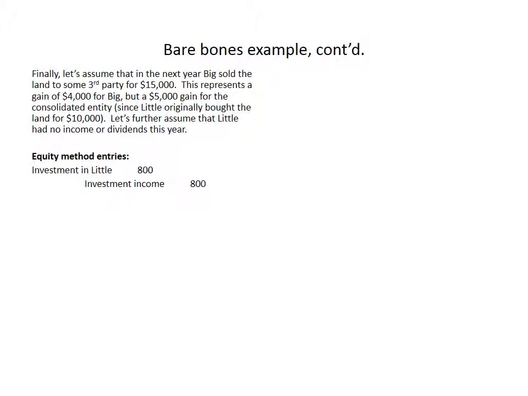If you recall, back in 2001, there was a $1,000 gain on sale, but we said, no, that's not realized, we can't recognize it, so we took it away. Now it's finally been realized because the earnings process has been completed, the land has been sold to some external third party, so now we're finally allowed to recognize our share of that $1,000 gain.